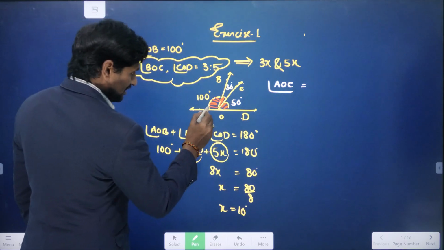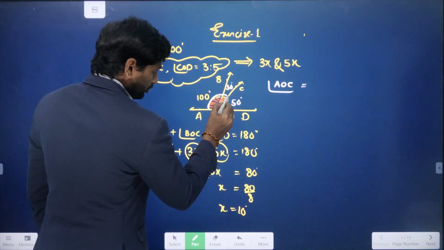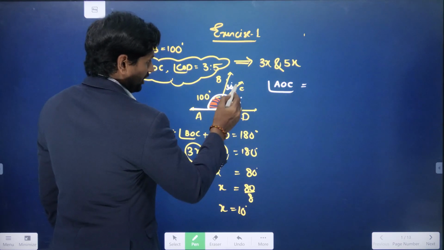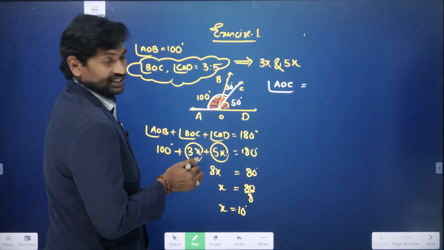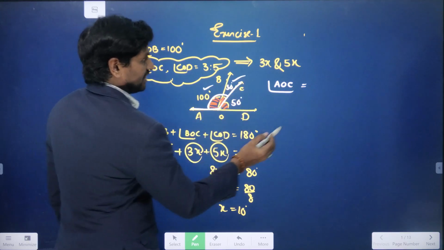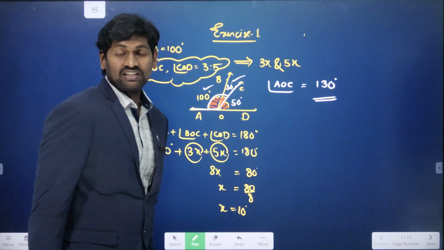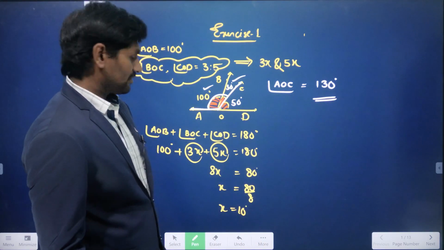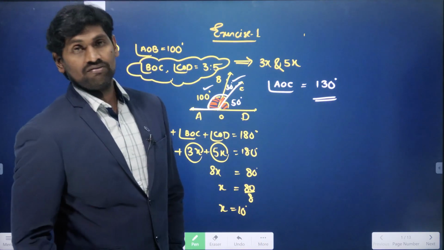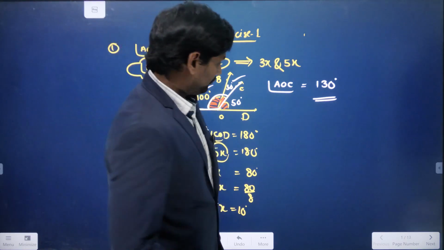AOC is the entire angle from A to O and O to C, which is 100 plus 30 equals 130 degrees. Therefore, the required answer is 130 degrees. Please note that, children, and we'll go to the next question.